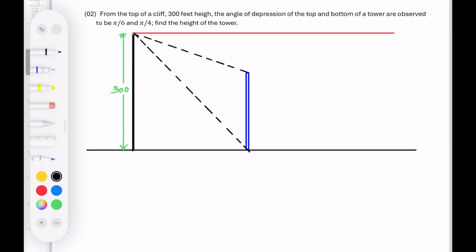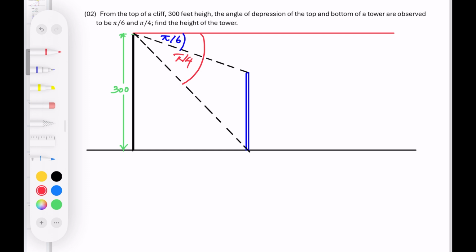Angle of depression to the top of the tower is pi over 6. That means the angle right here is equal to pi over 6. The angle of depression to the bottom of the tower is pi over 4. That means the large angle from this horizon to this side is pi over 4.